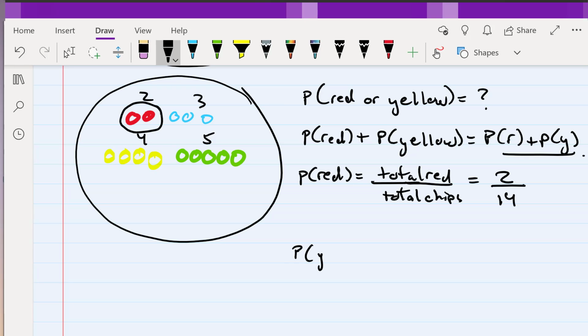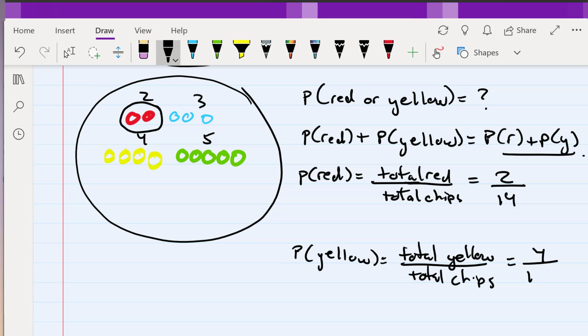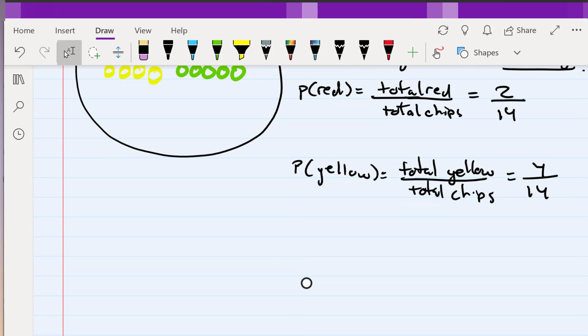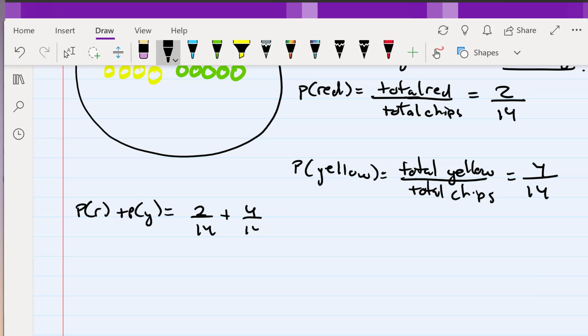Then the probability of choosing a yellow is going to be the total number of yellow chips all over the total chips. Well, there's 4 yellow all over the 14 total number of chips. So the probability of choosing a red or a yellow is going to be 2 over 14 plus 4 over 14, which is 6 over 14.